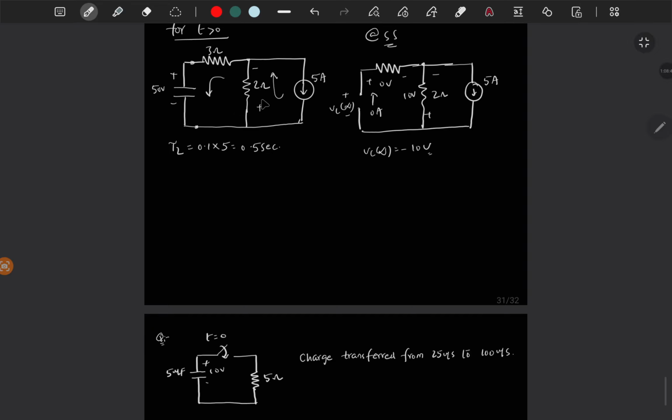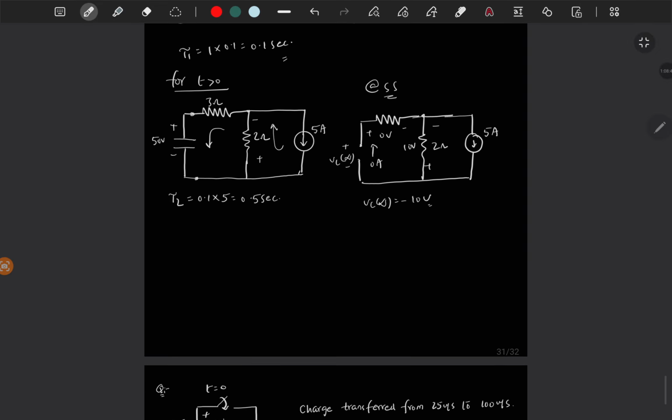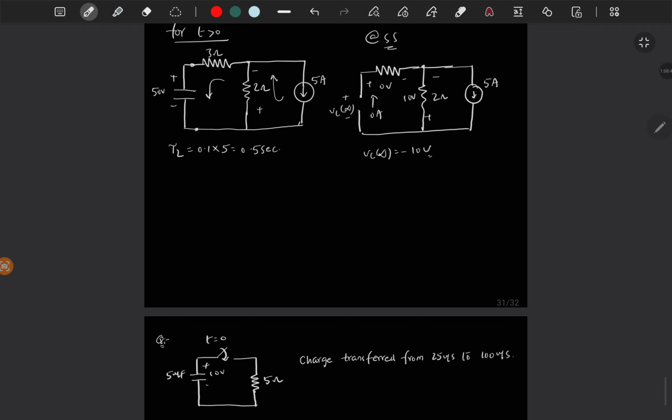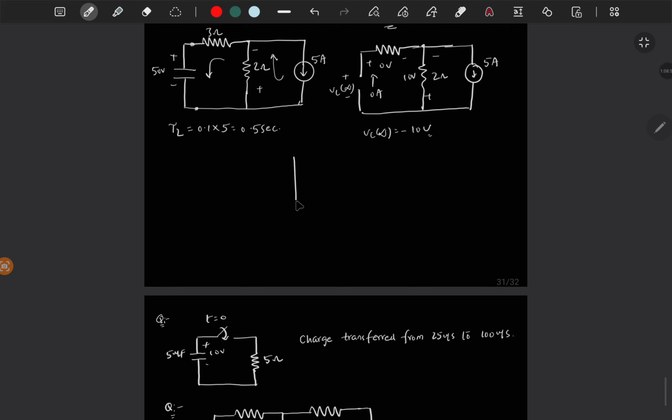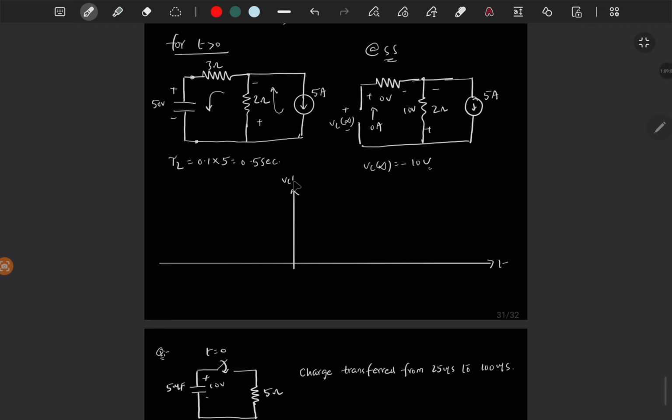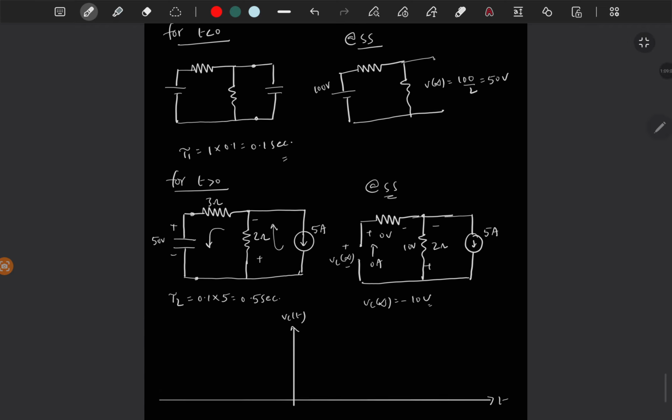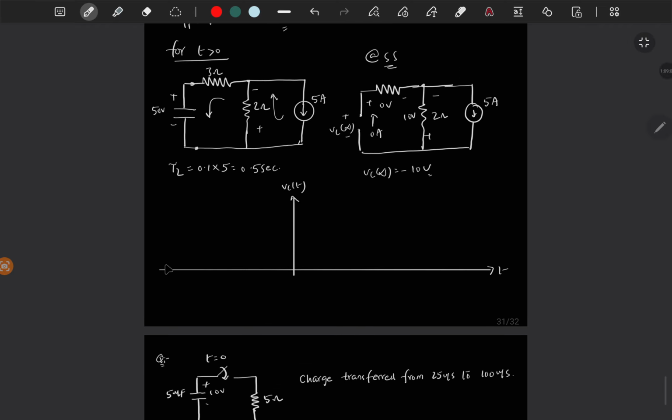So if we draw, then this is Vc of t. Let's say this is from minus t1, this is charged to 50 volt in 5 time constants.